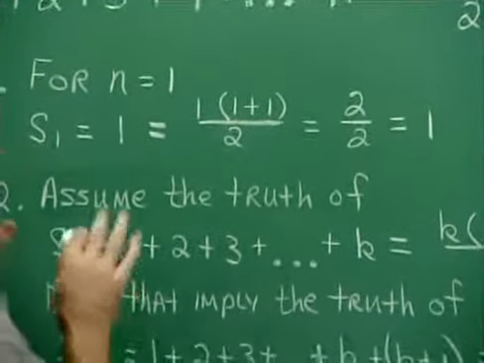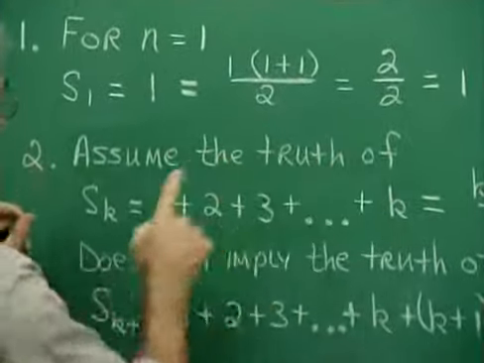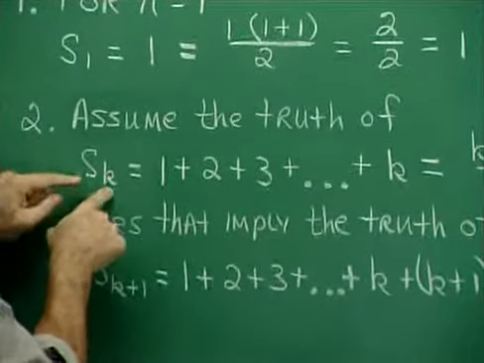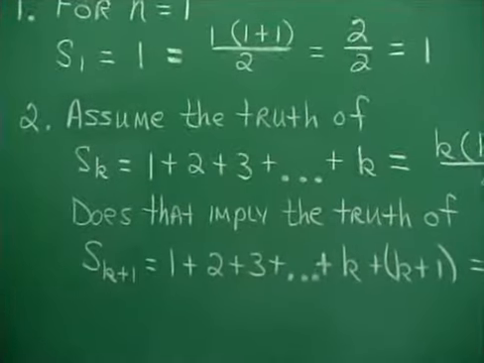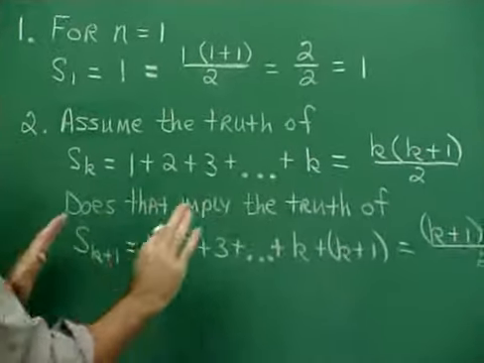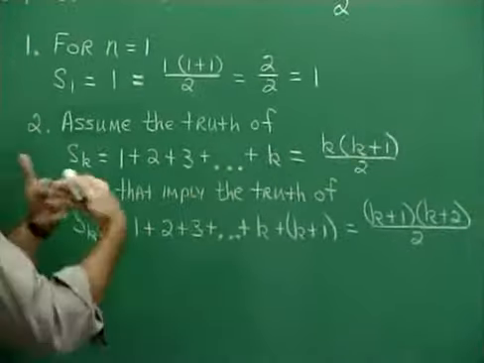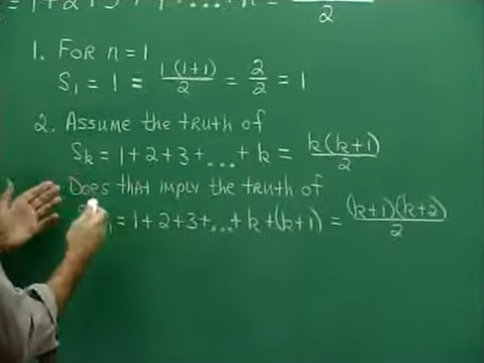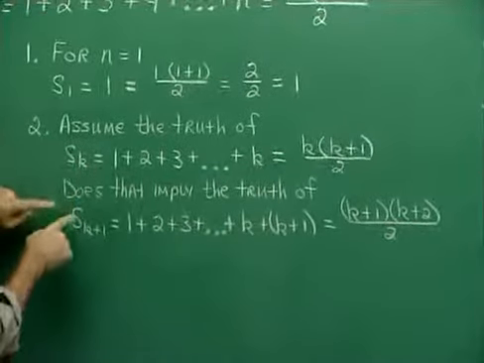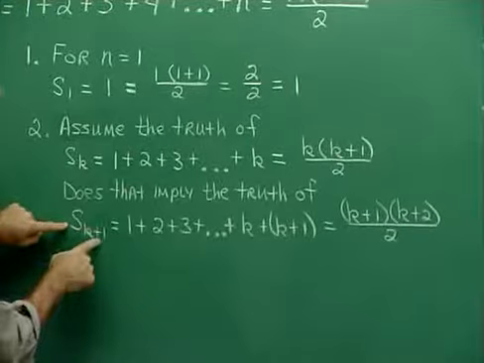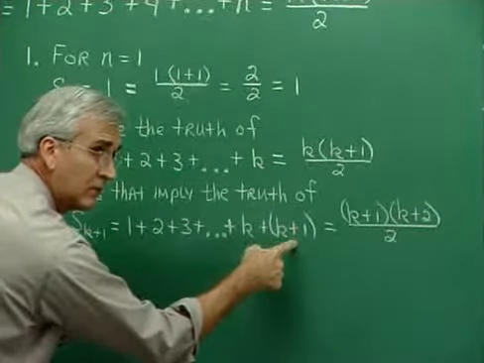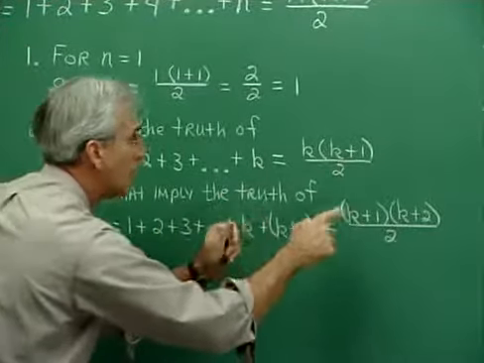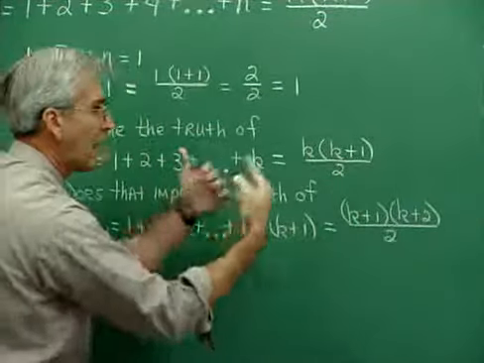Now, we then assume the truth that the sum of k items meets the pattern that we have in the conjecture. But does that imply the truth for the k plus 1th item? That is, is it therefore the truth that the sum of k plus 1 items, given by all of these plus the next item, equals this expression for the k plus 1th item?